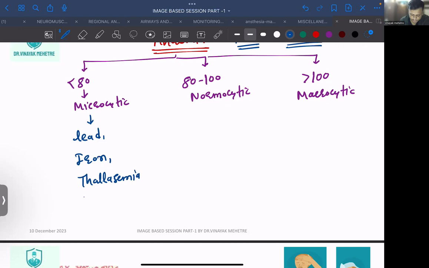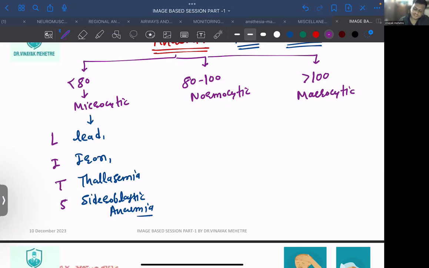Thalassemia and sideroblastic anemia. You can remember by the mnemonic list or lists, whichever you want to use.